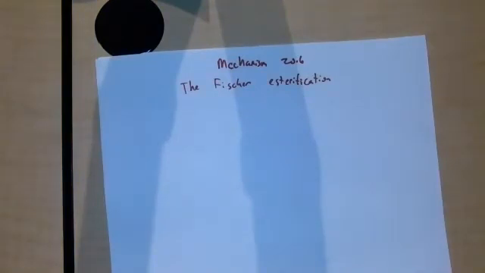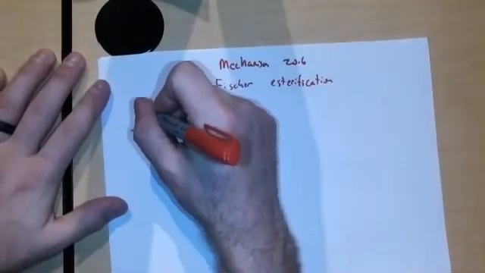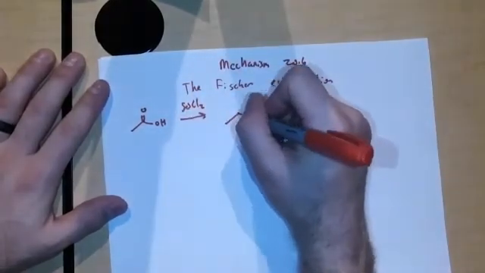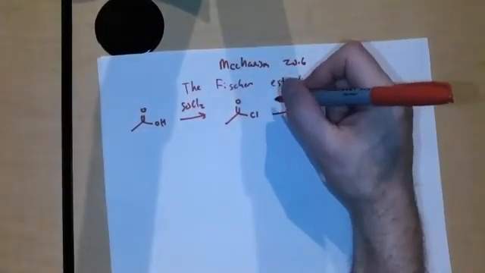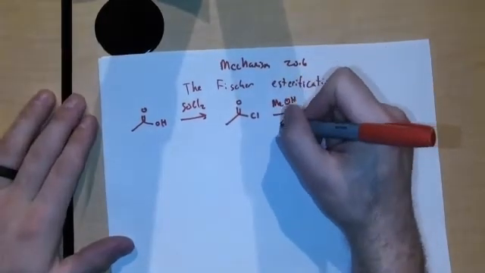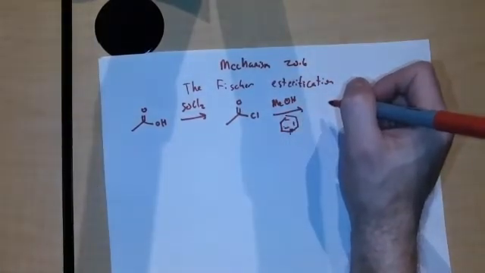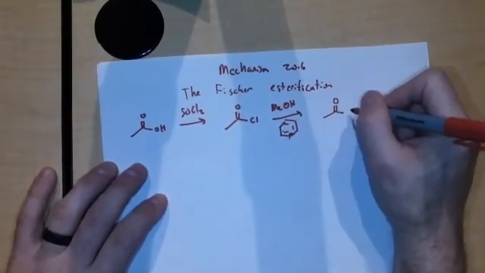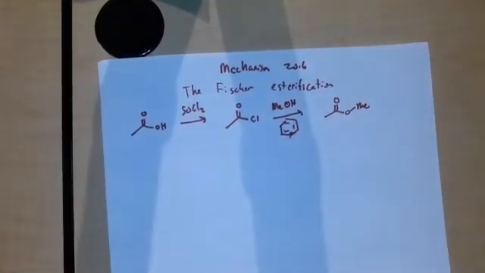So typically to make an ester from a carboxylic acid, you would take SOCl2 to make the acid chloride. You could throw in methanol and pyridine to make our ester.